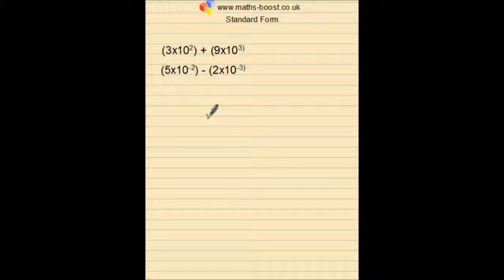Just like with fractions, adding and subtracting is a little bit more tedious. I know that some of you like to change these to ordinary numbers and then add and subtract, and indeed I think some of you attempt to change it to ordinary numbers and then multiply and divide, but certainly that can become unwieldy. The whole point of us using standard form is that these numbers aren't unwieldy.